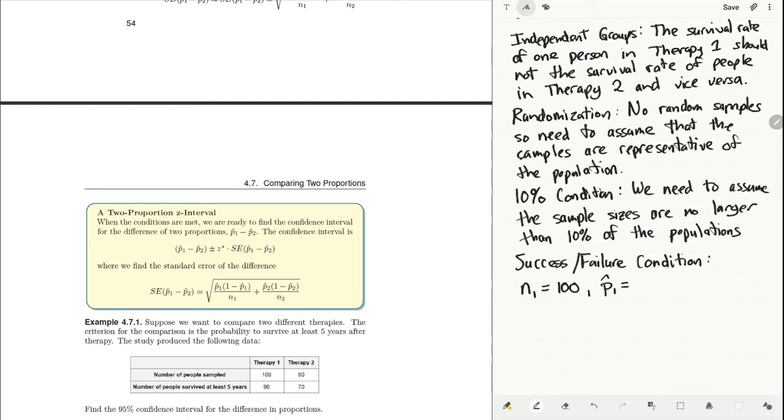The sample proportion is 90 out of 100, which is 0.9. And for group 2, we have a sample size of 80, and the sample proportion is 70 out of 80, which is 0.875.